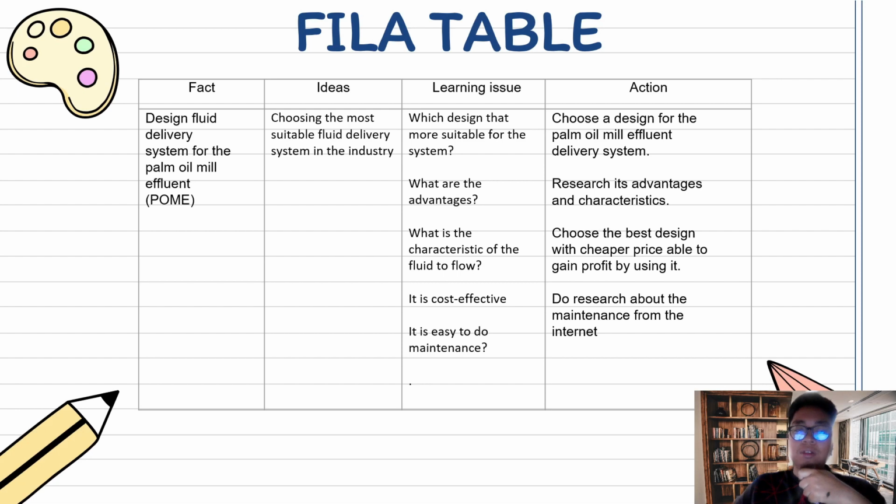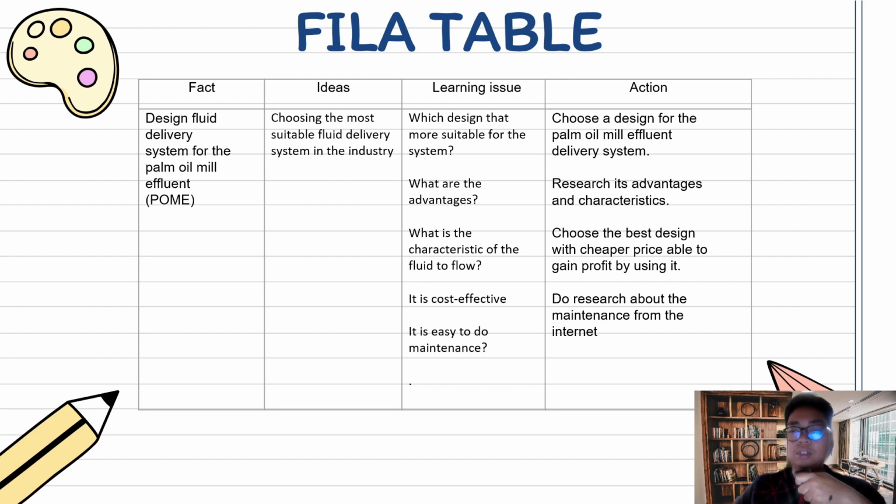So for our third fact is the fluid delivery system for the palm oil mill effluent. The idea is we need to choose the most suitable fluid delivery system in industry, and the learning issues that we encounter are which design is most suitable for the system, what are the advantages, what is the characteristic of fluid to flow, is it cost effective, and is it easy to maintain.